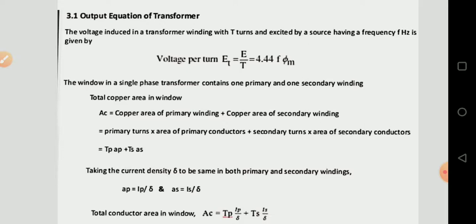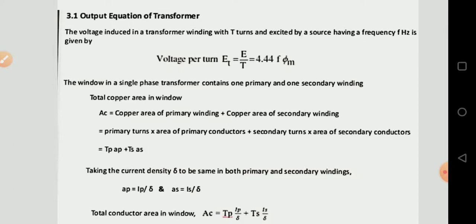Here the window in a single phase transformer contains one primary winding and one secondary winding. So if we want to calculate the total area of copper in the window, we add the copper area in the primary winding and the copper area in the secondary winding. So here we have to add both areas.